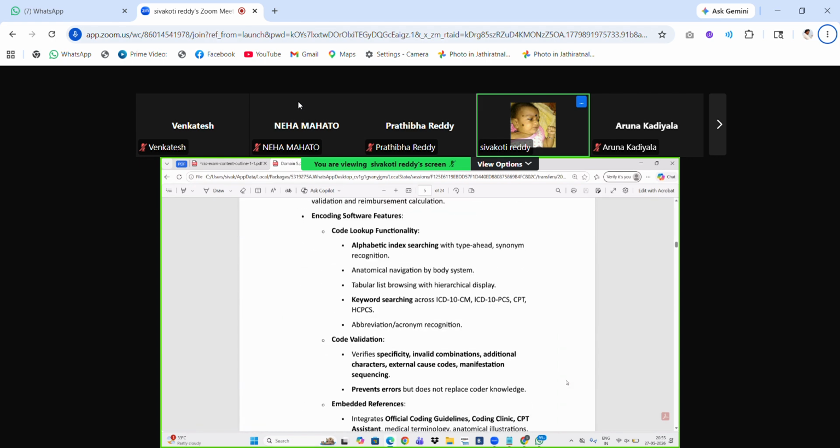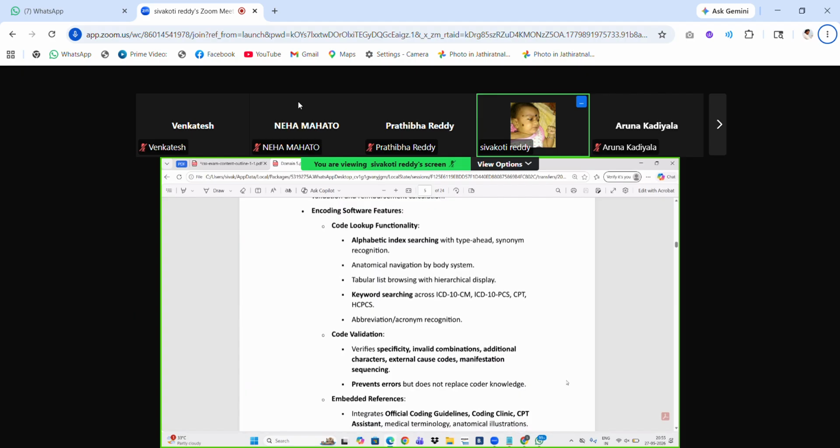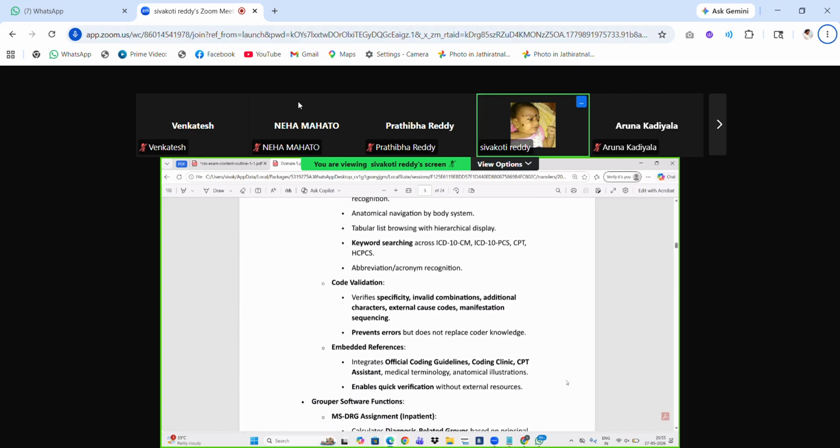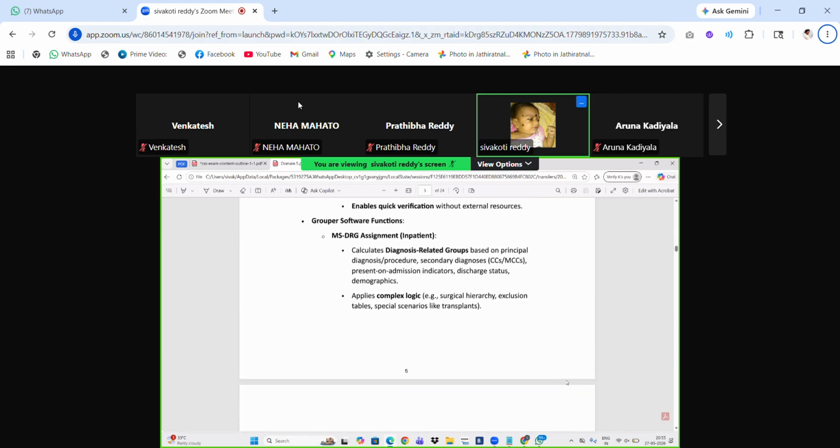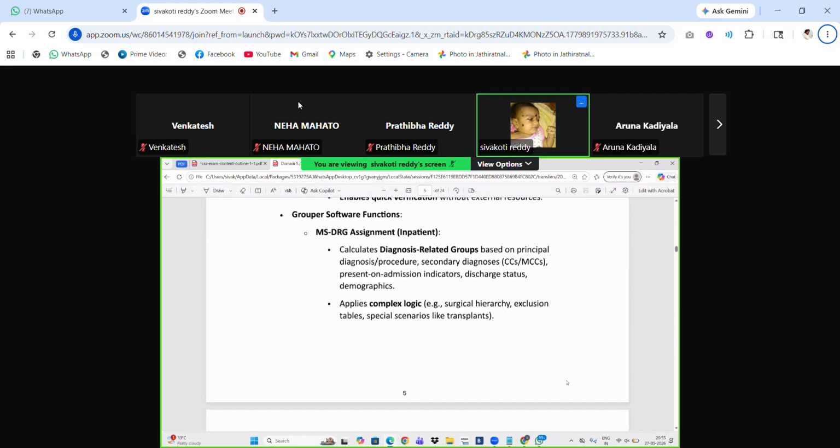So encoder is like the code book, alphabetic index or keyword search, and code validation. Grouper software is used for the calculation of reimbursement. It calculates DRG groups based on the PDX, SDX and POA DRG factors.